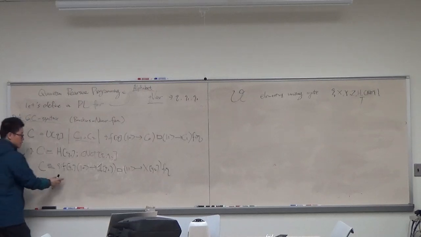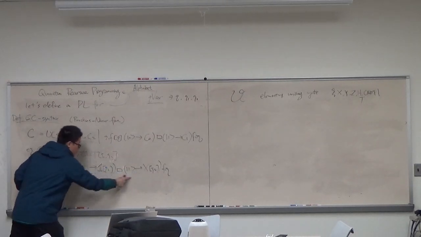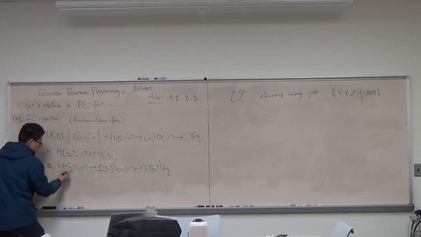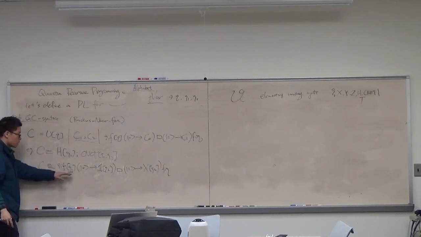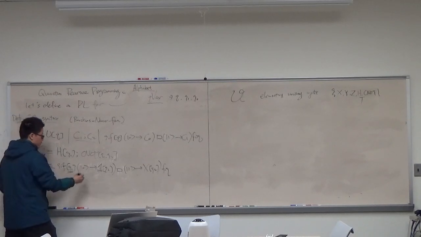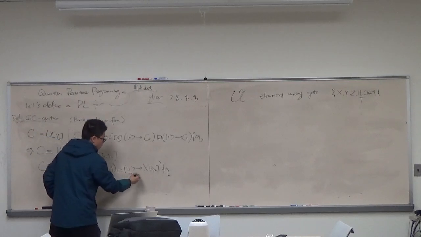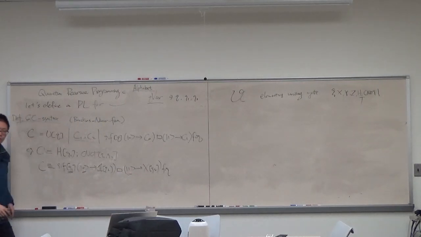Okay, so the second program or circuit means you are conditioned on the first qubit Q1. If it is 0, then you just do nothing on the second qubit. If it is 1, then you perform an X gate on Q2.